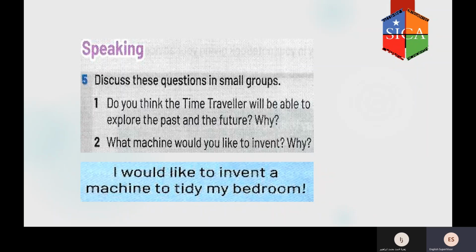Question number 2. What machine would you like to invent? Why? I would like to invent the glasses. You want to invent the glasses. That's nice. Why? To save what you read.